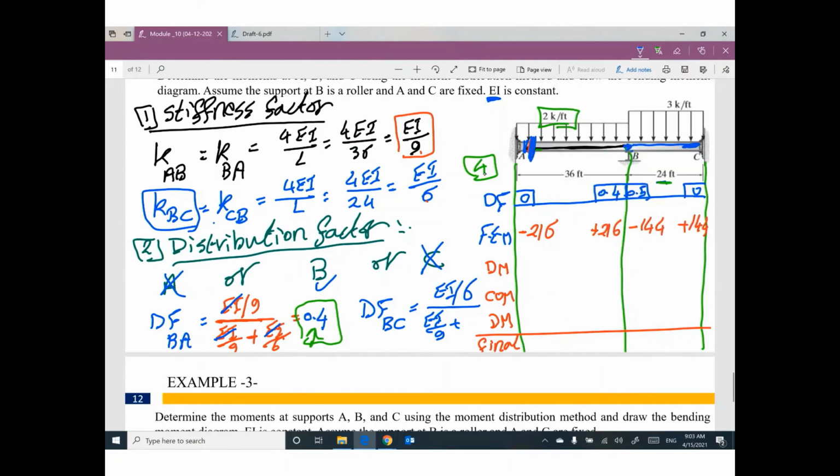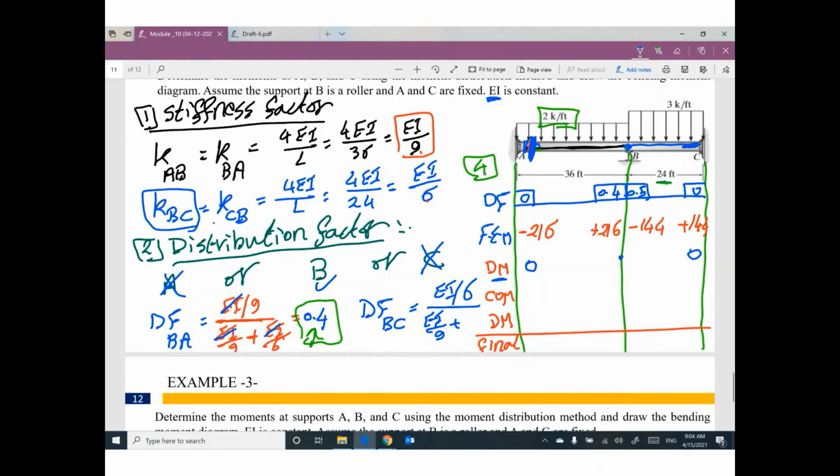At this side, do you have any distribution moment? No. Do you have any distribution factor? No. So 0 and 0 for distribution moment. At point B, how can I do this distribution?